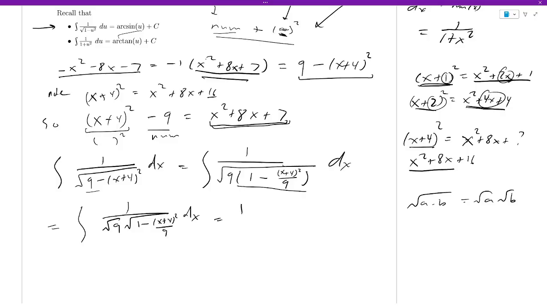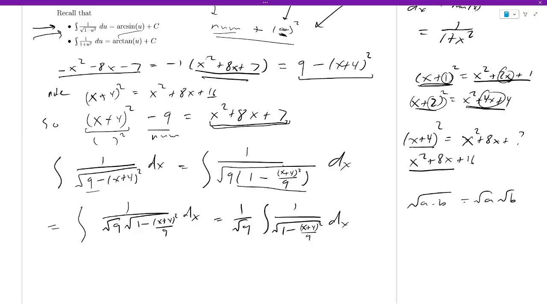And because of integral rules, I can pull the 1 over root 9 all the way out in front of the integral. Okay, cool. So now what we have really looks a lot like this arcsine thing.